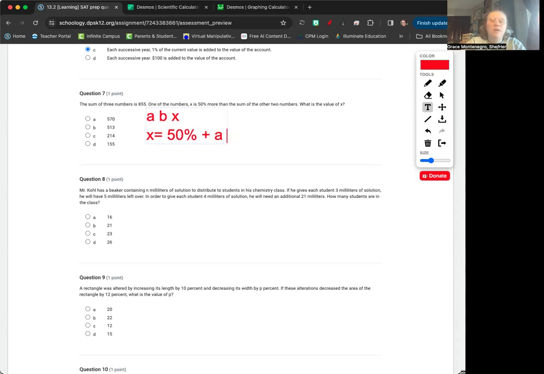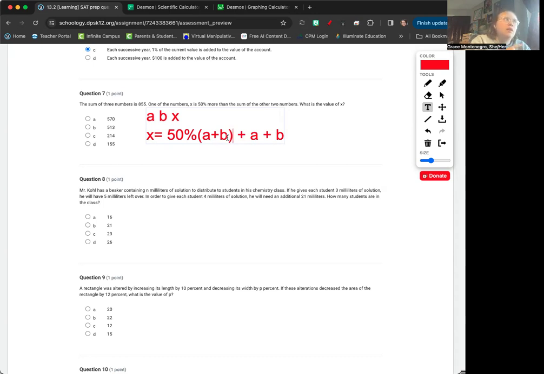The sum of the other 2 numbers is A plus B. Now, it's 50% of what? It's 50% of A plus B, not 50% of X. So it's the sum of the other 2 numbers plus 50% of that again. X equals the sum of the other 2 numbers plus 50% additional.